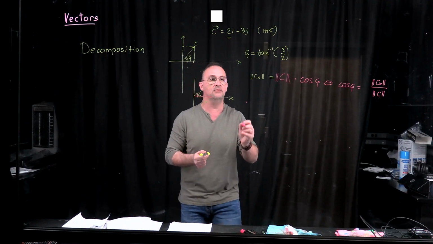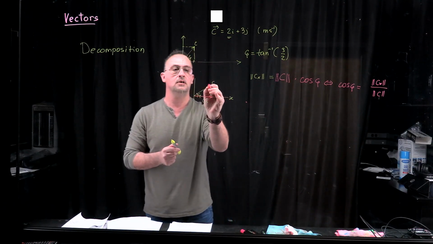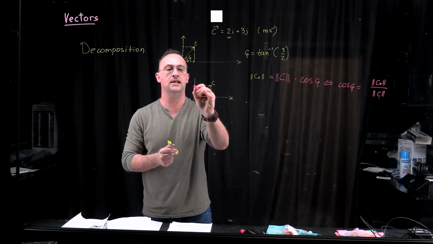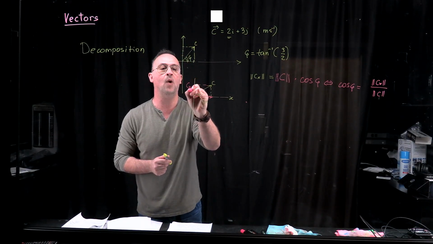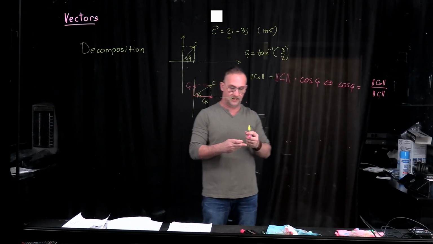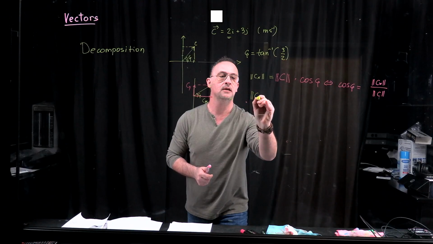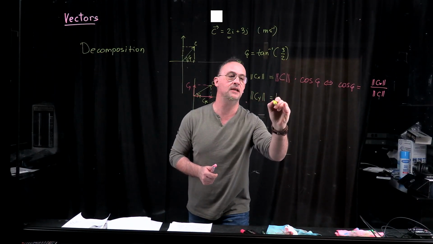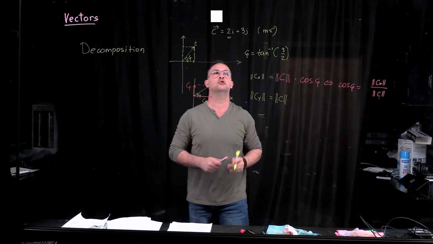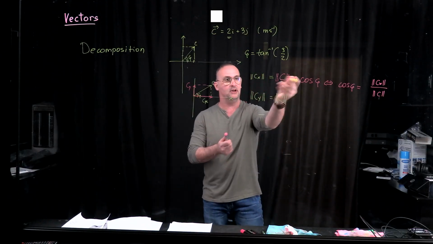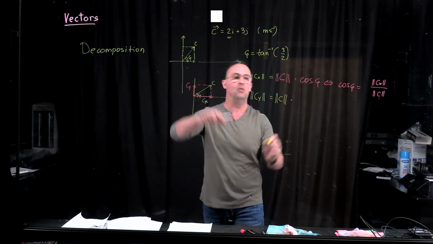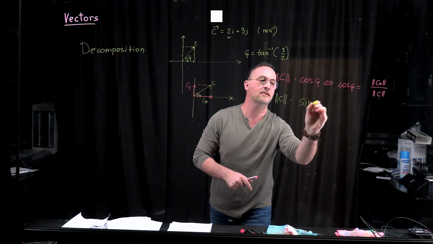At the same time, if you were to decompose this into the C sub y component, you would write the exact same thing, meaning your C sub y would be the magnitude of your vector C, which we found earlier, times the sine phi.